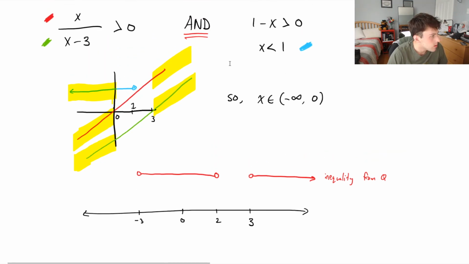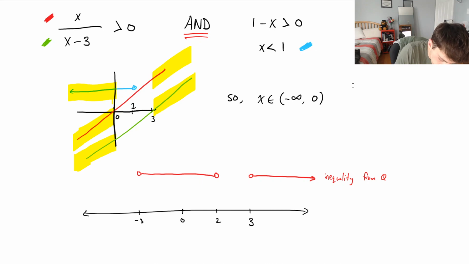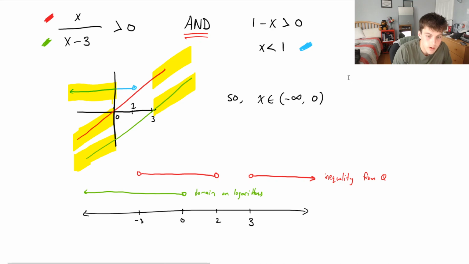And then the restriction on the logarithm's domain, we found that x has to be from negative infinity to 0. So from this, we've got this right here. Domain on logarithm. Great.